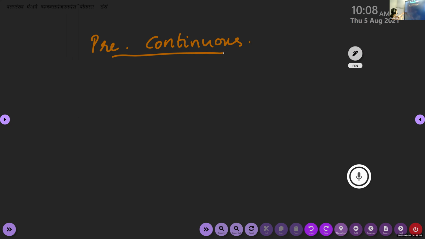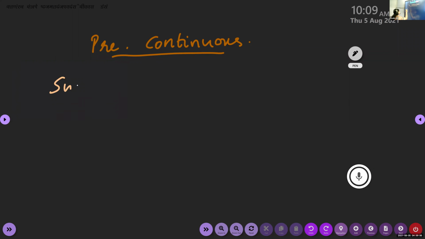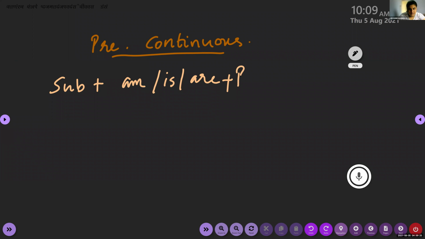The rule for constructing a sentence in present continuous is subject plus am or is or are plus present participle form of the verb plus object. Here, or is a connecting word. So you are going to use am, is, or are.